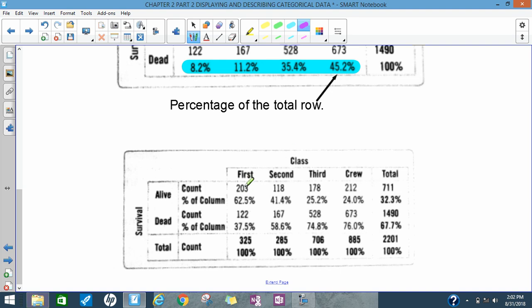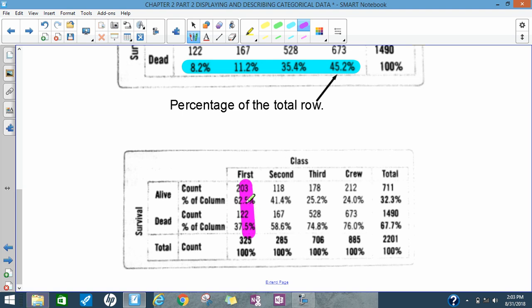So here, I took the 203 first class who were alive and divided by the total number of people in first class, 122 first class people who died, divided by 325 first class, and I could see the distribution here of first class passengers.